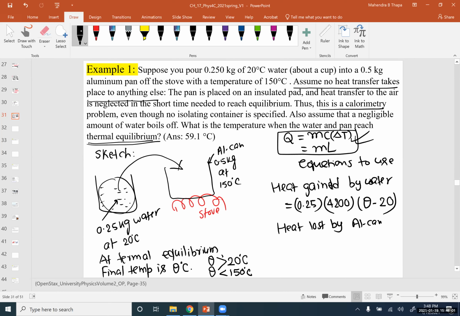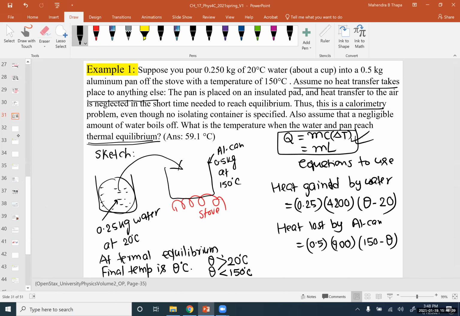Everything is put over the stove. So the heat lost by the aluminum can: 0.5, the specific heat capacity of aluminum is given as 900. For heat lost, the initial temperature was 150, and it drops to theta. In this case we use this equation.